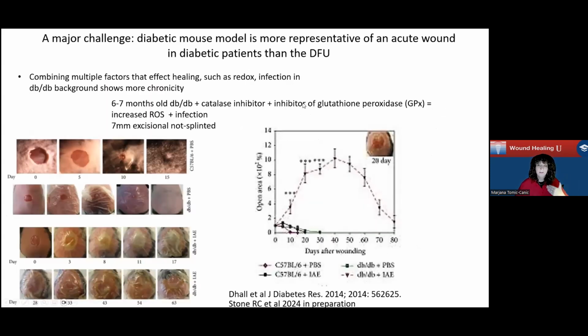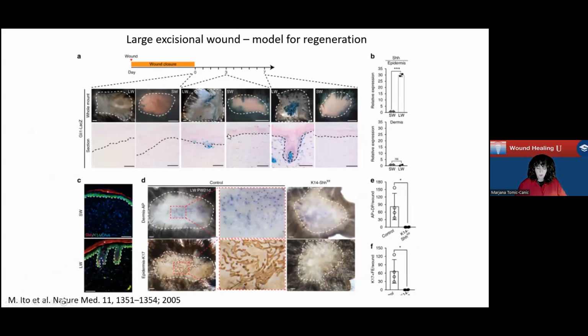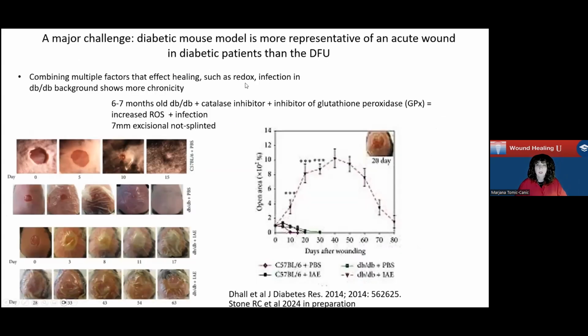And the major challenge that we face is that the diabetic mouse model is really more representative of an acute wound in diabetic patients when you compare it to a diabetic foot ulcer.